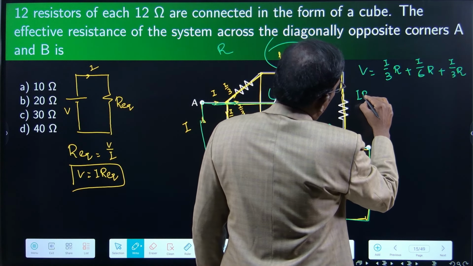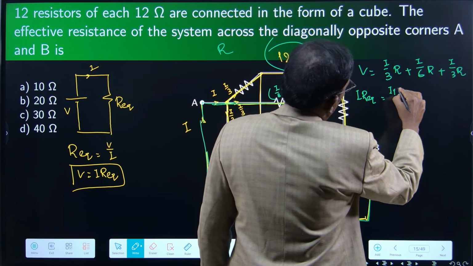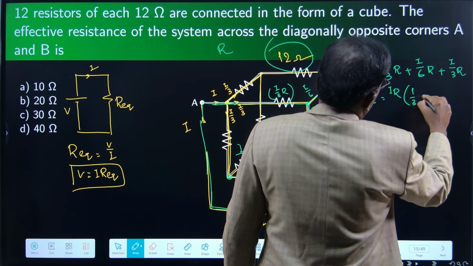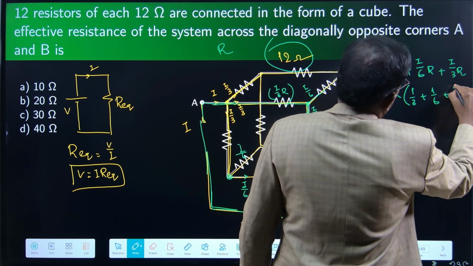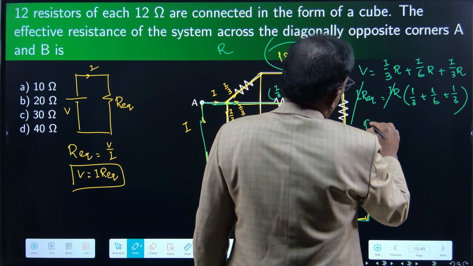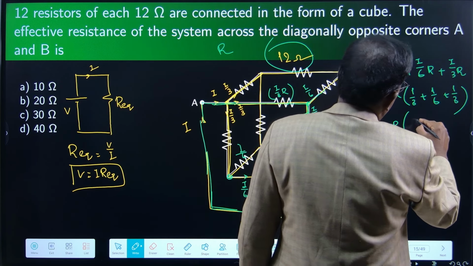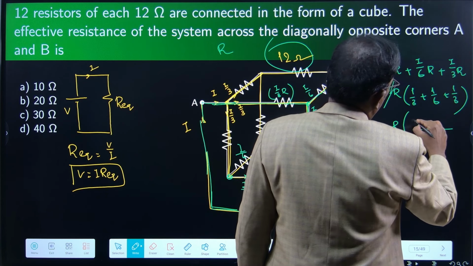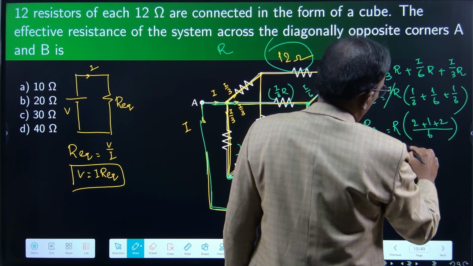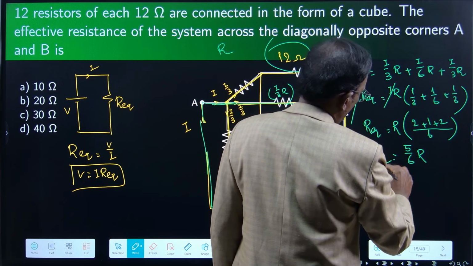So I R equivalent equals I R into 1 by 3 plus 1 by 6 plus 1 by 3. Taking 6 as LCM, 2 plus 1 plus 2. So R equivalent is 5 by 6 R.